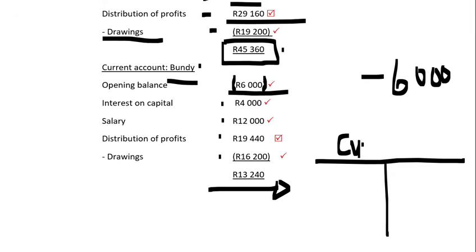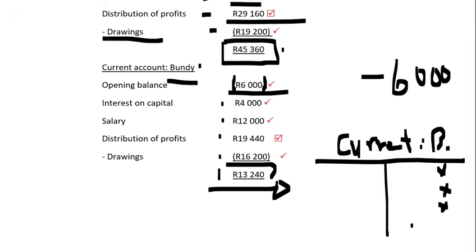Normally, these transactions go through the general ledger, current account, let's say for Bundy, and all these transactions would have gone through the current accounts, and it would end up in this case with Bundy with a balance of 13,240.